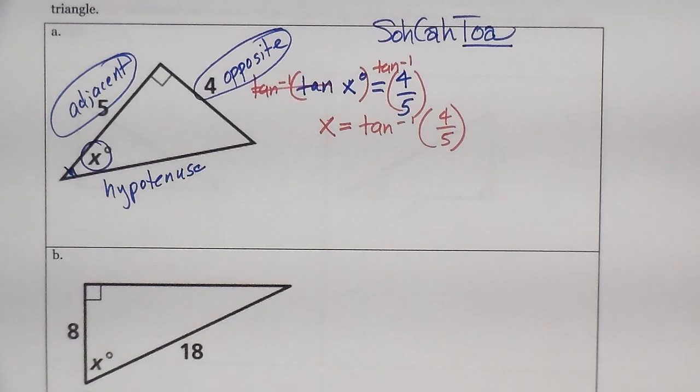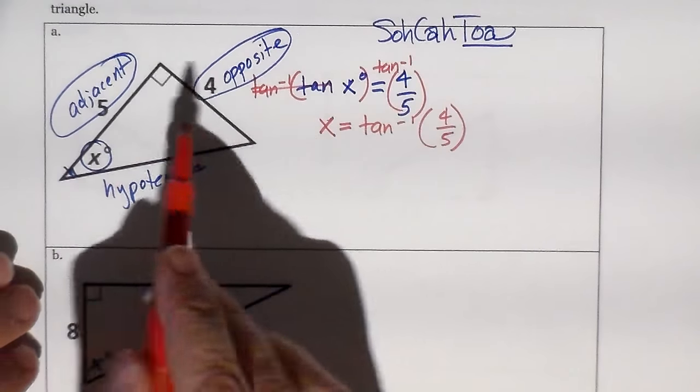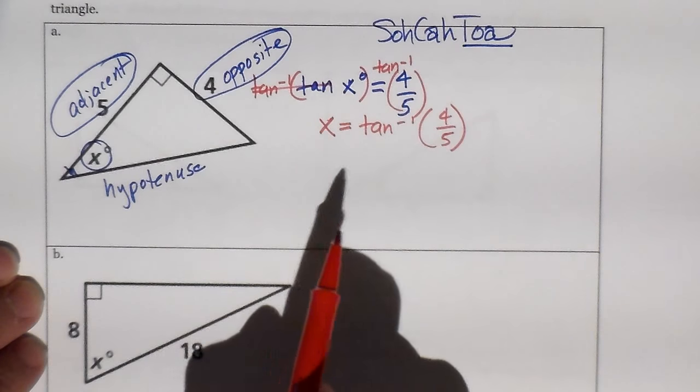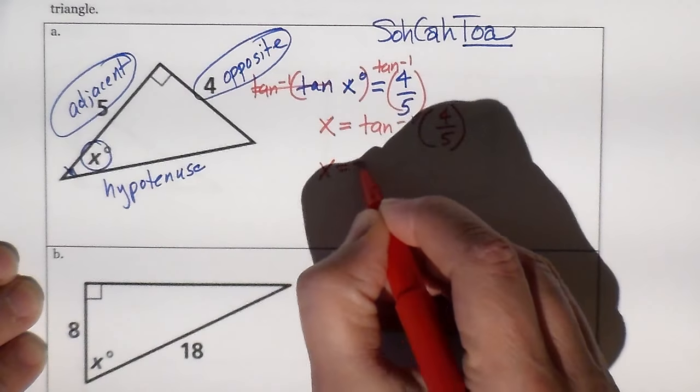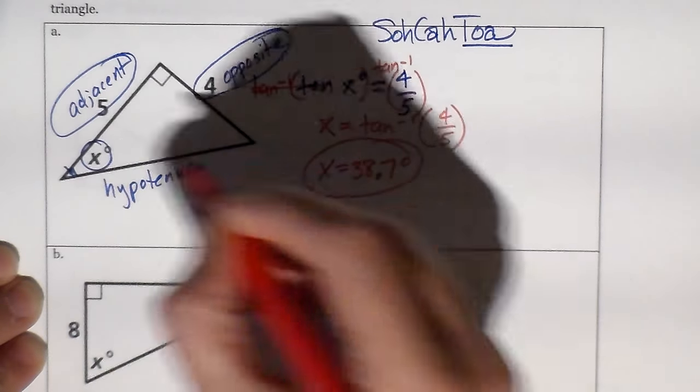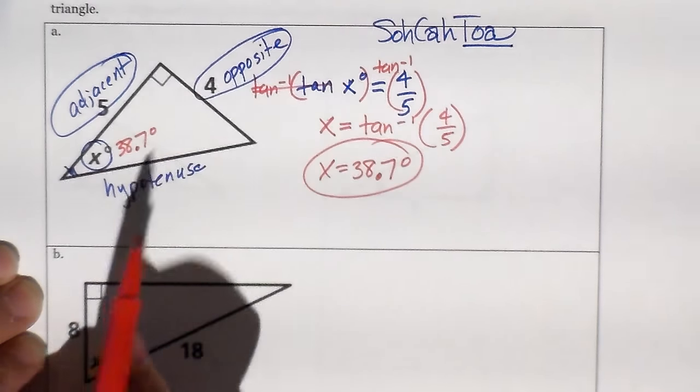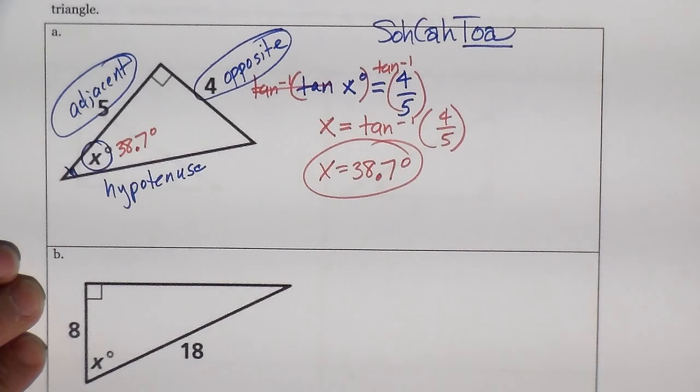Now, when I do that, sorry, it's taking a little while, I get 38.65. This is not telling you to round to any particular number, so I'm just going to go to one decimal place. So I'll get 38.7 degrees. So this angle right here is 38.7 degrees because the opposite to adjacent ratio is 4 over 5.